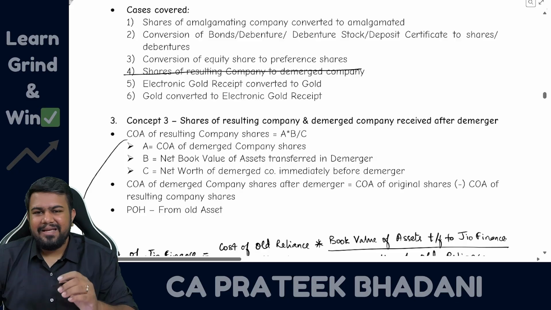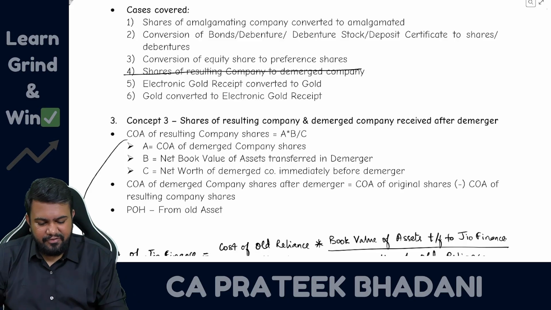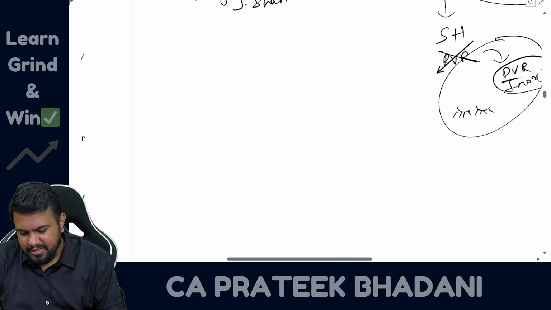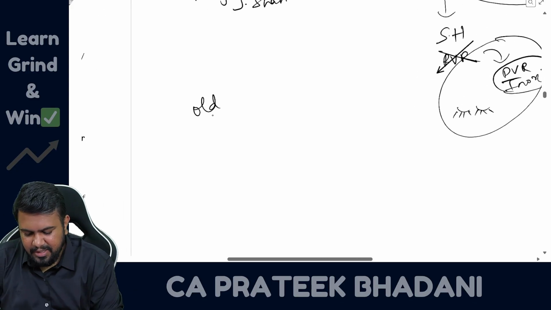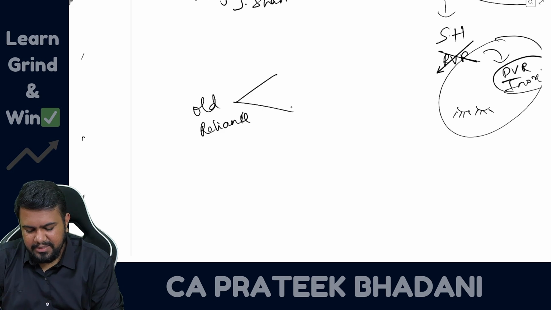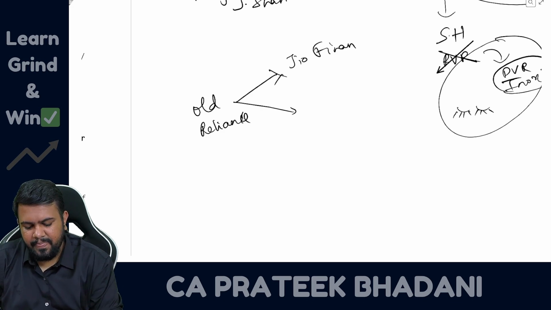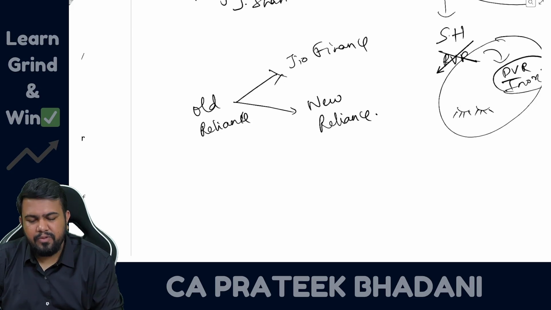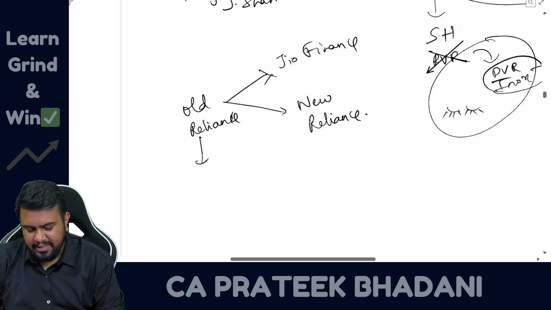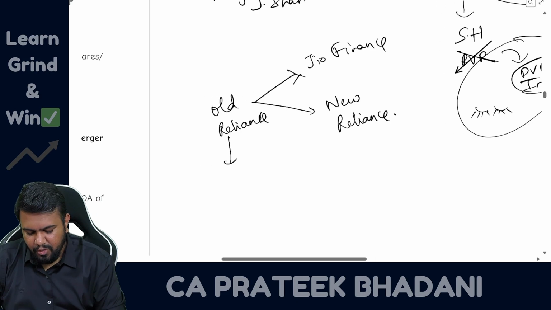In demerger, the concept is a little bit different. Now listen, in demerger I already told you, there was a company called Old Reliance. This Old Reliance has now split into two companies, that is Jio Finance Company and New Reliance Company. So first, let's say this person would have bought Old Reliance shares for ₹1000.